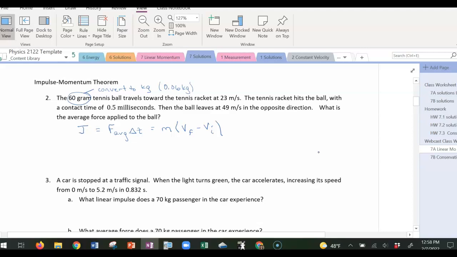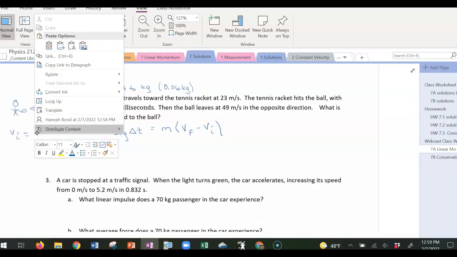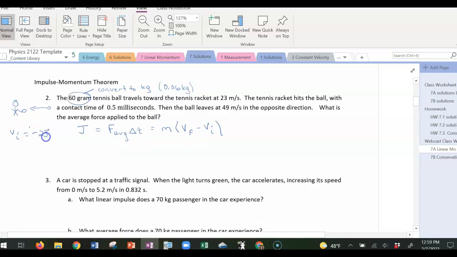Here I'm going to say that the initial velocity is, here's the person with the racket, the ball is initially moving to the left, so the initial velocity is negative 23 meters per second, and the final velocity is 49 meters per second in the opposite direction, which is the positive direction.